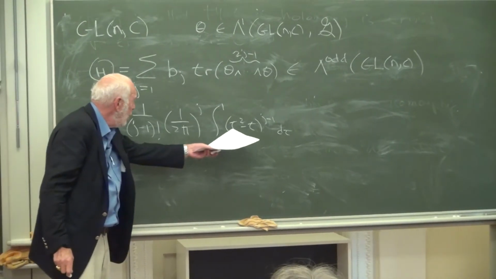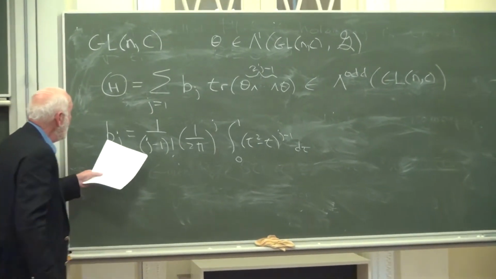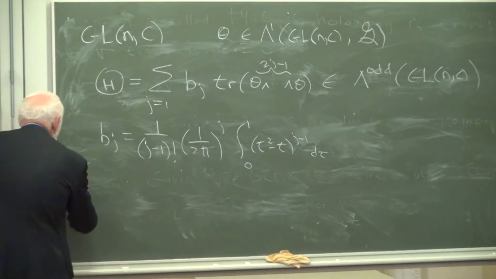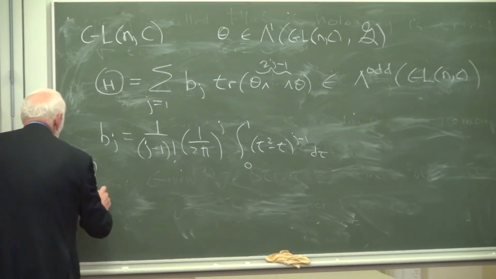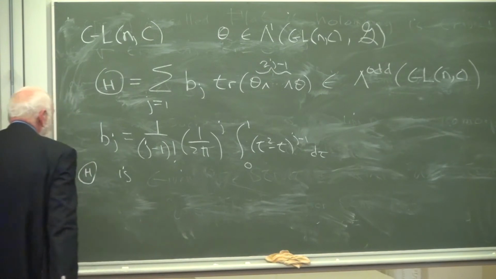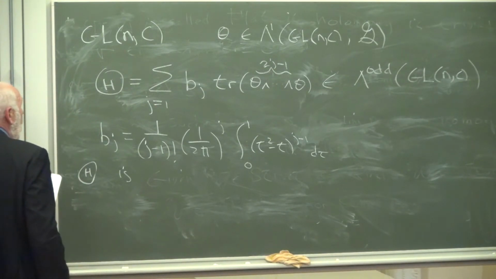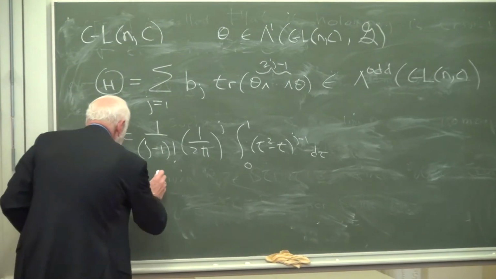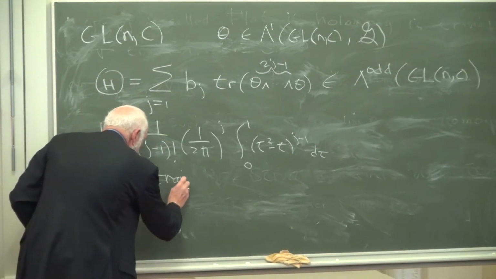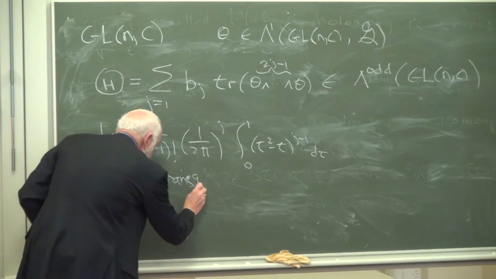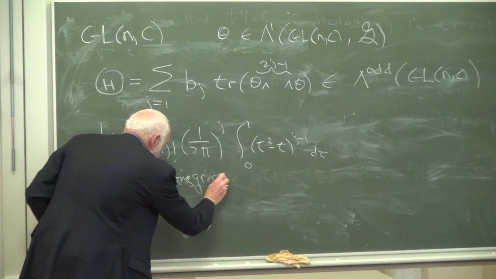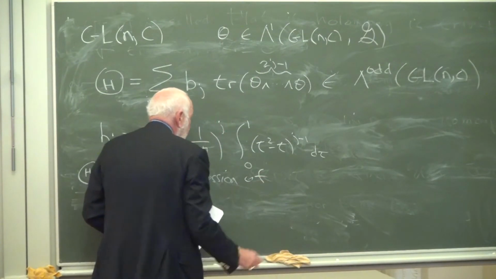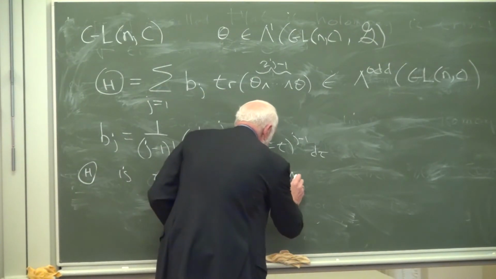I tried to simplify this somehow, but anyway, that's the coefficients. And really, this total form, which represents a cohomology class in the group, is the transgression of the Chern class.